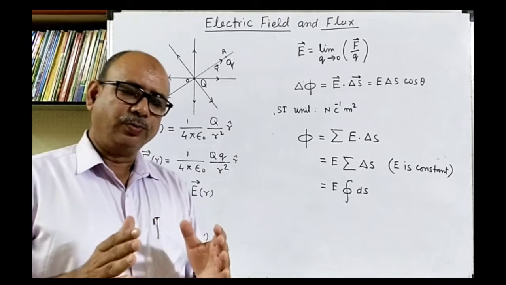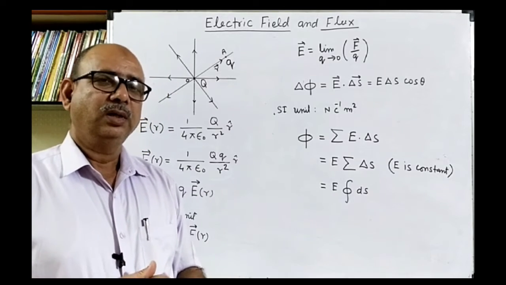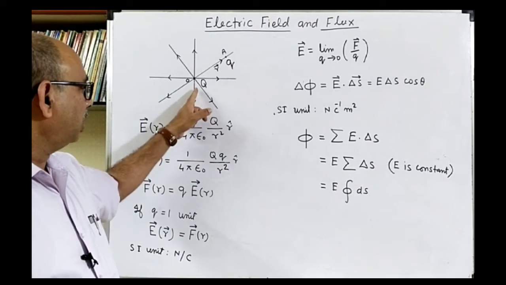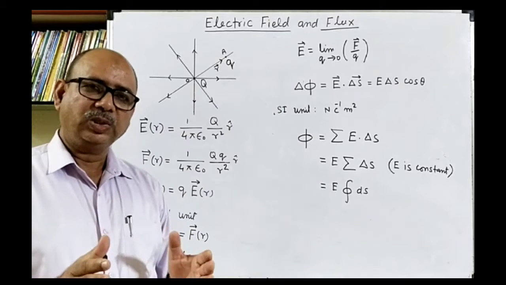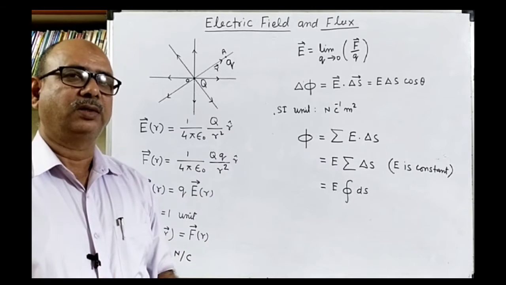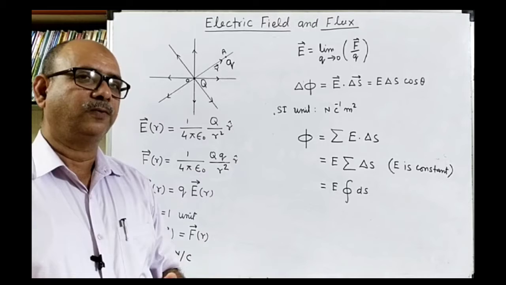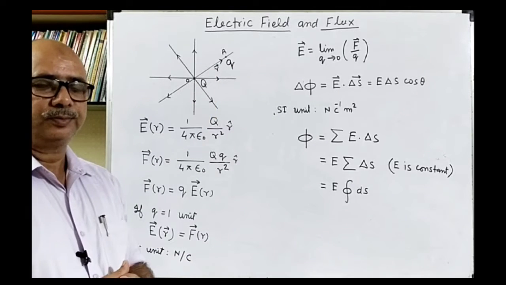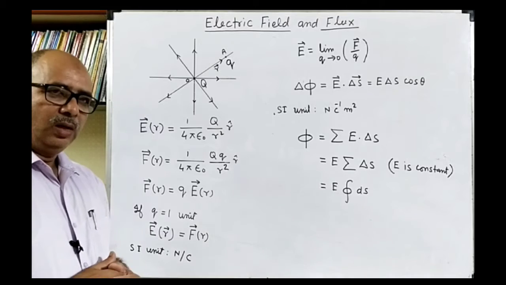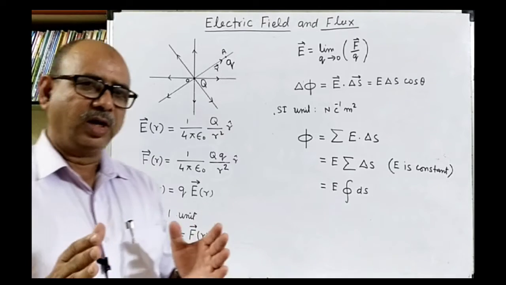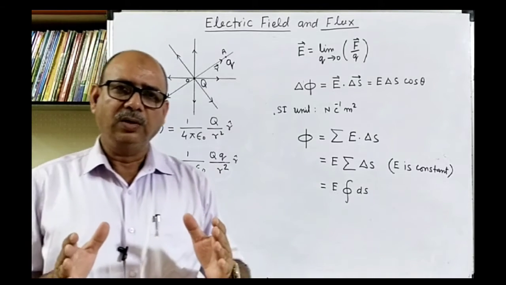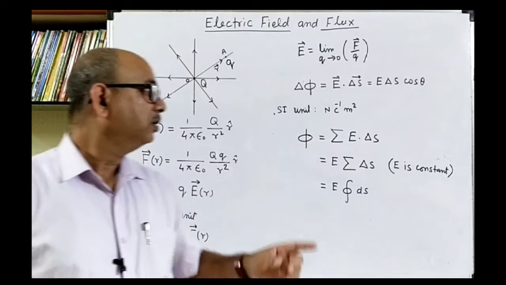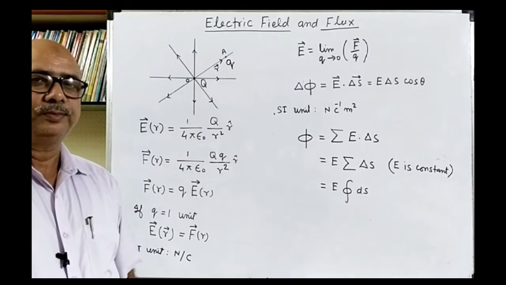The charge which produces the electric field is called the source charge, and the charge which experiences its effect, that means the effect of the electric field, that is the force, is called the test charge. Now, how will we numerically calculate the electric field produced by the charge placed at origin?